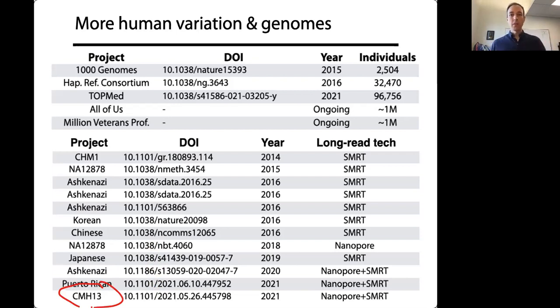So with all of these advances, with all of this new population genetics information, all of these new genome assemblies coming from long reads, it seems increasingly silly that we use a single linear reference genome as the basis for all of our analyses.